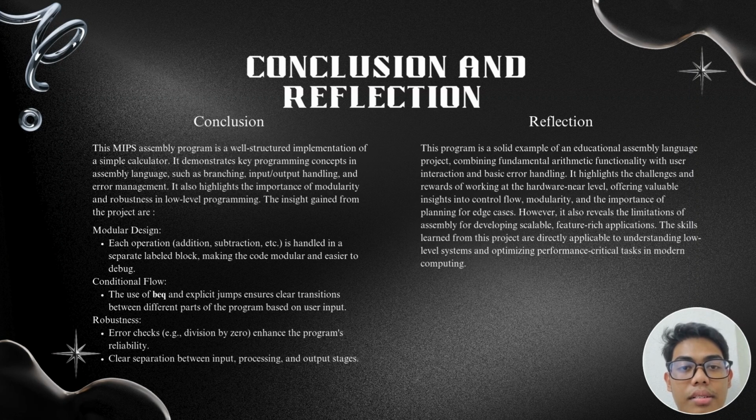Error checks, such as handling division by 0, enhance reliability. The clear separation between input processing and output further strengthens its design. Reflecting on the project, it produced a great example of combining arithmetic functionality with error handling. It offers valuable lessons in modularity and edge case planning, essential for low-level systems.